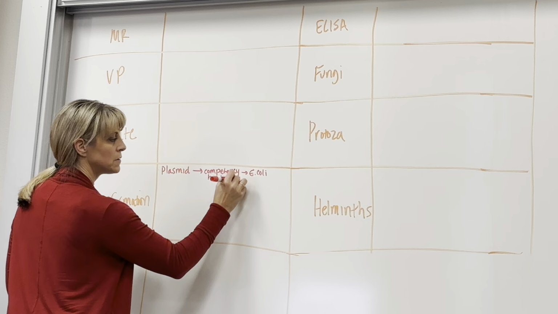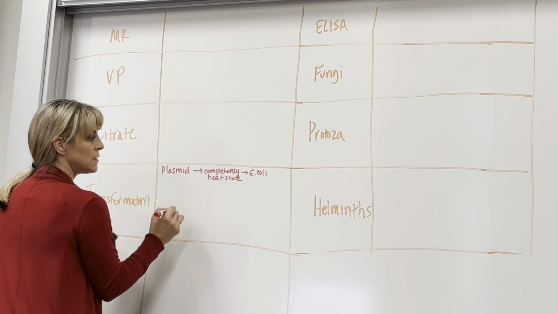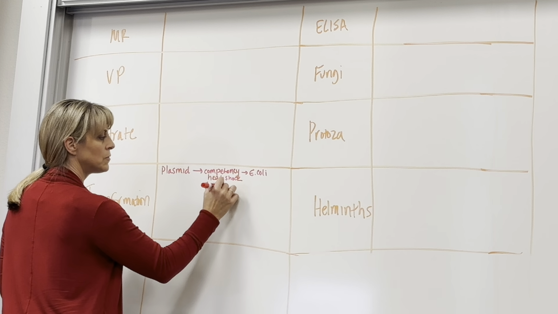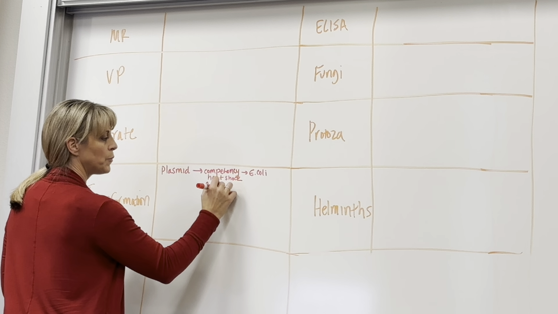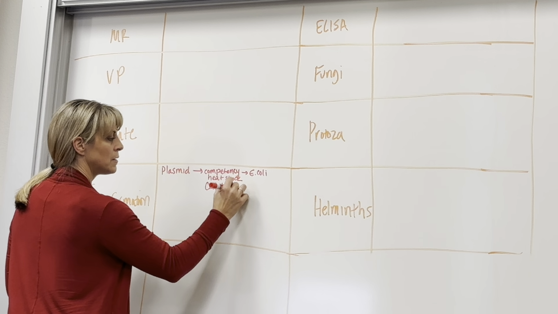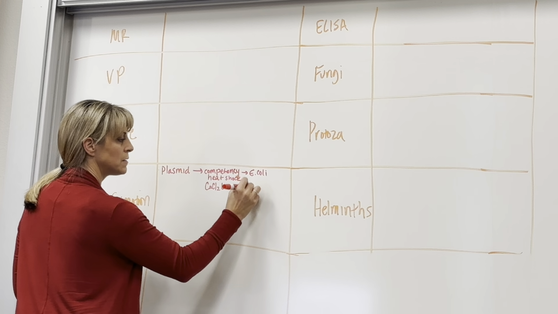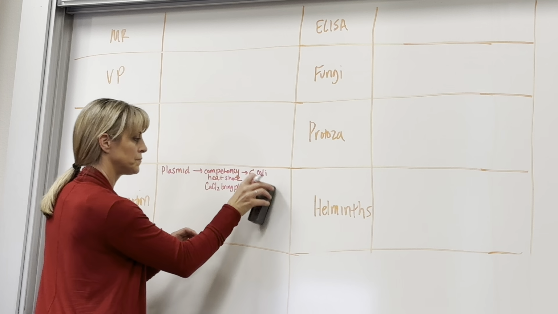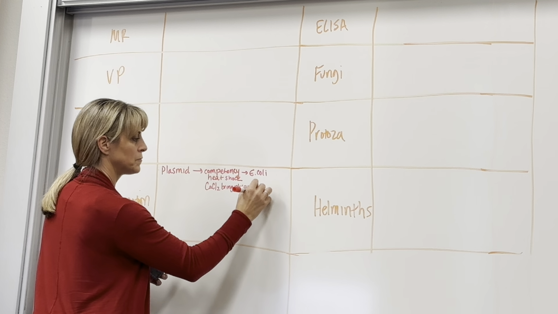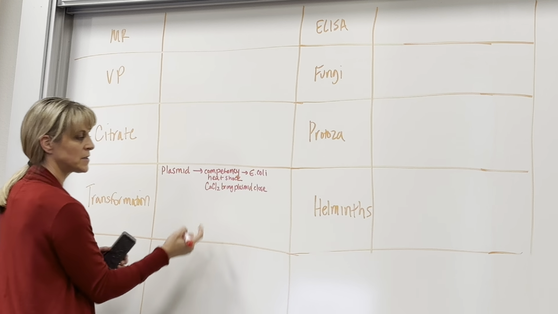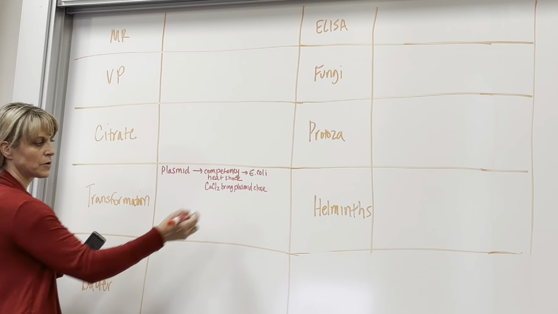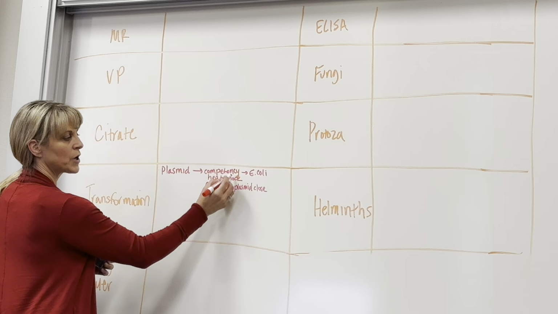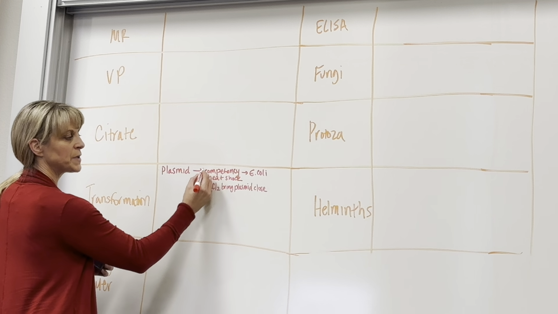Heat shock. CaCl2 brings the plasmid close, to bind to lipopolysaccharide. But you could just say to bring the plasmid close to the E. coli. Then we're going to heat shock it to induce competency.